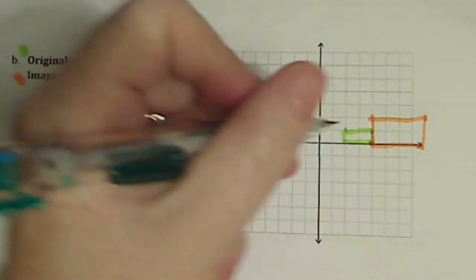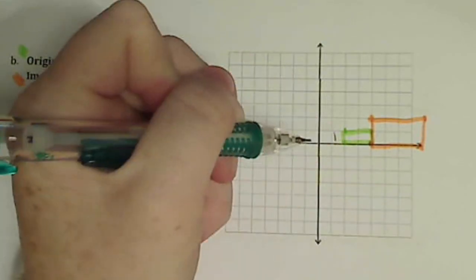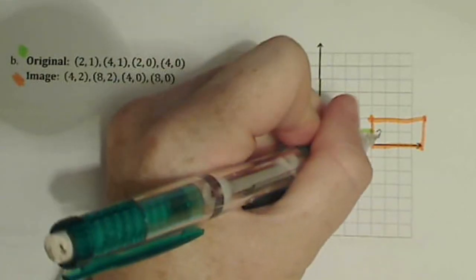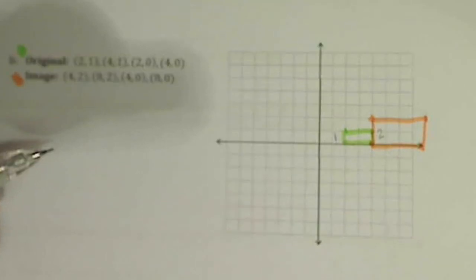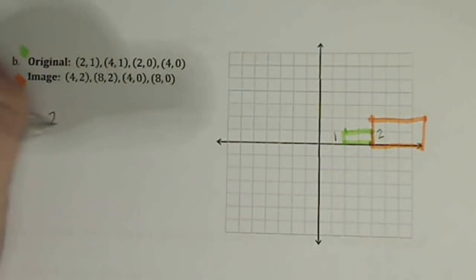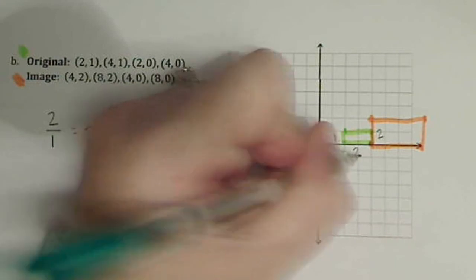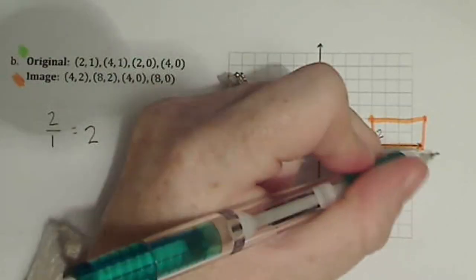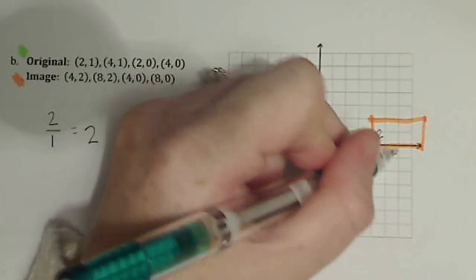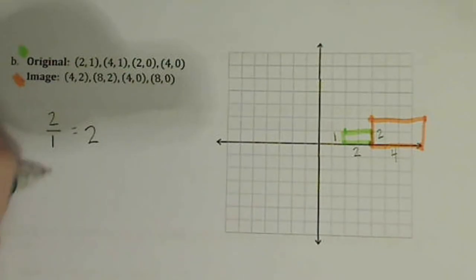So let's see. This side is 1 unit tall. This side is 2. So my scale factor is 2. Let's check the bottom. The bottom of this green one is 2 units long, and the bottom of the orange is 4. So let's see if the scale factor is the same.